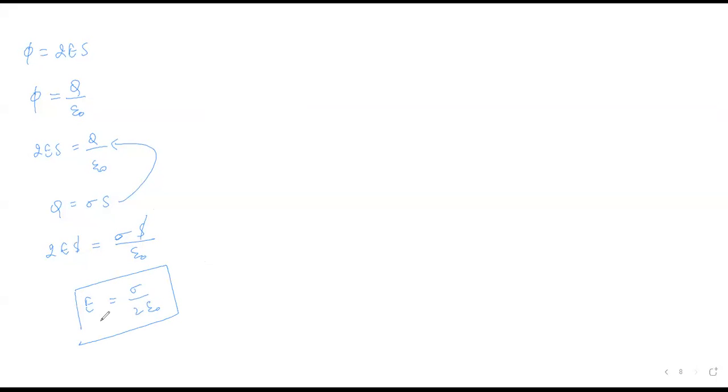And now you can also look in this. This electric field is independent of R. If it is independent of R, then we can also say it is your uniform field.